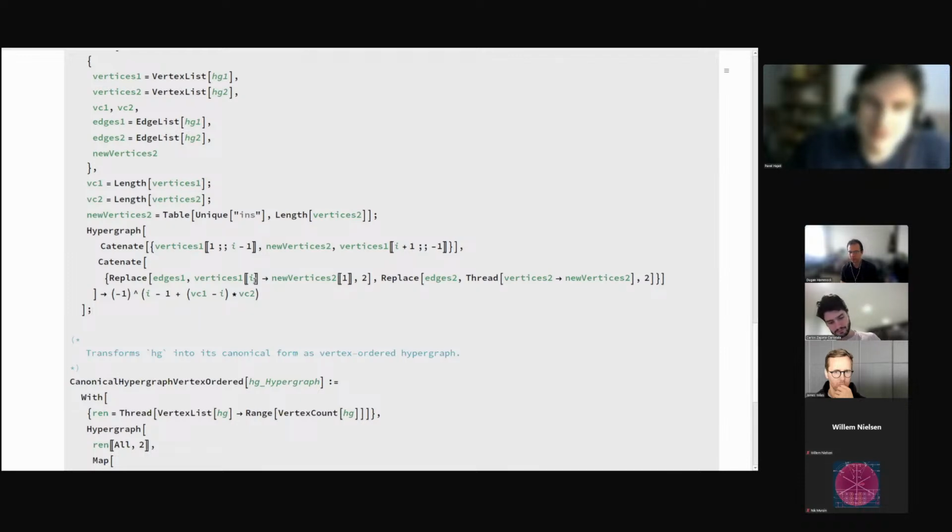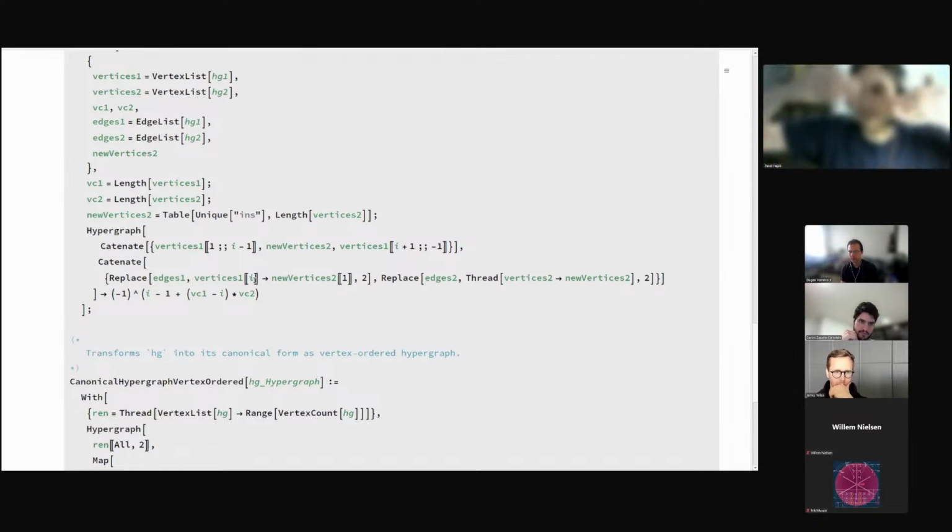If you view vertices as having degree 1, and you take the vertices of the second hypergraph and put them in line after the vertices of the first hypergraph, and you take the vertex where you are going to be inserting to the front, you're already getting a causal sign by skipping the other vertices.